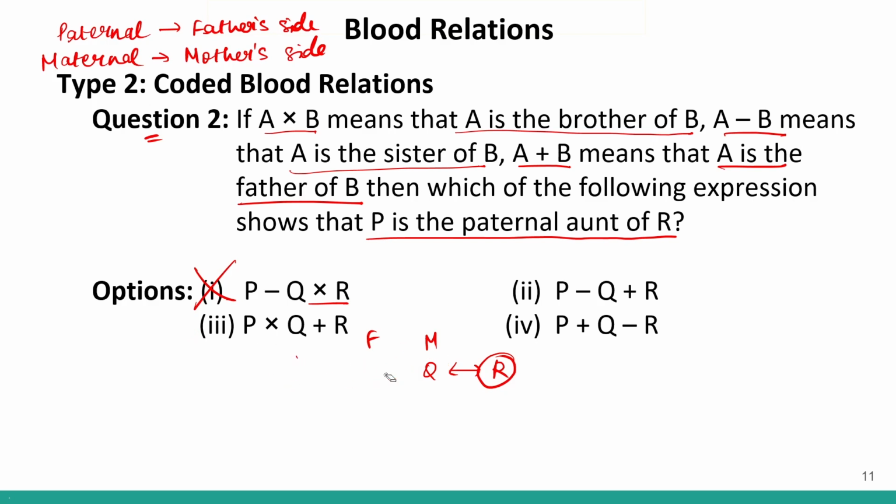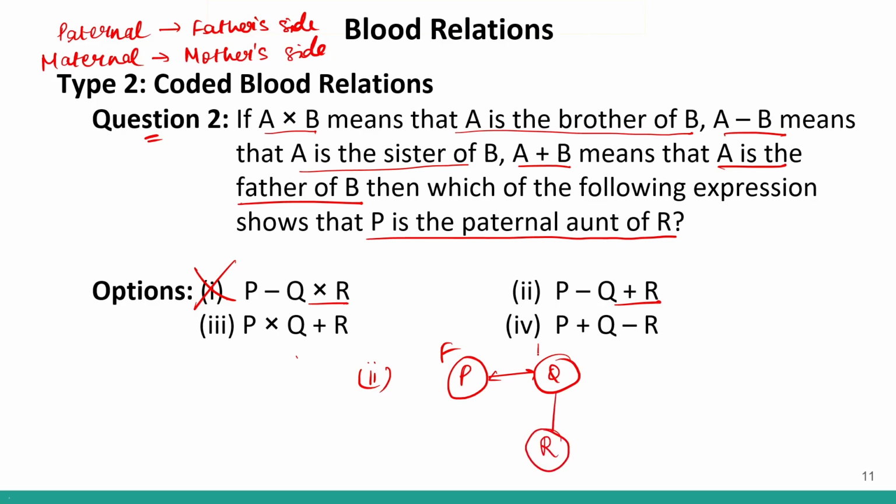Coming to option number 2. P minus Q means P is the sister of Q. So P will be female, sister of Q. Q's gender is unknown. Q plus R means Q is the father of R, male.